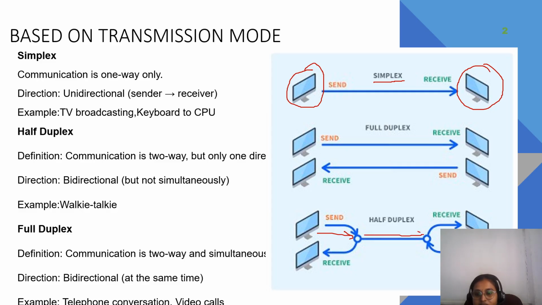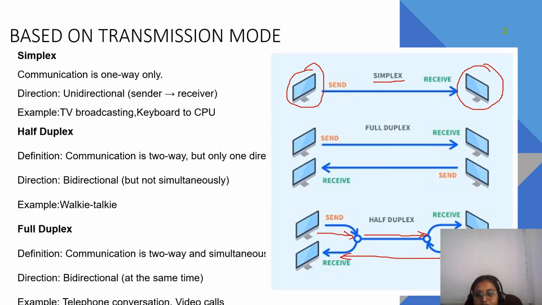After receiving the data, the receiver can again send data to the sender side. But only one person can send data at a particular time. This is what we call the half duplex method.